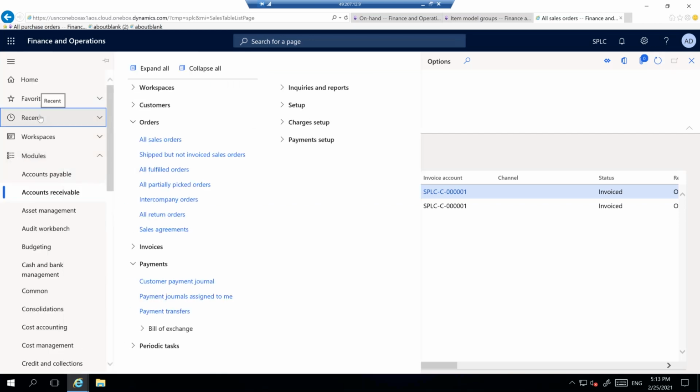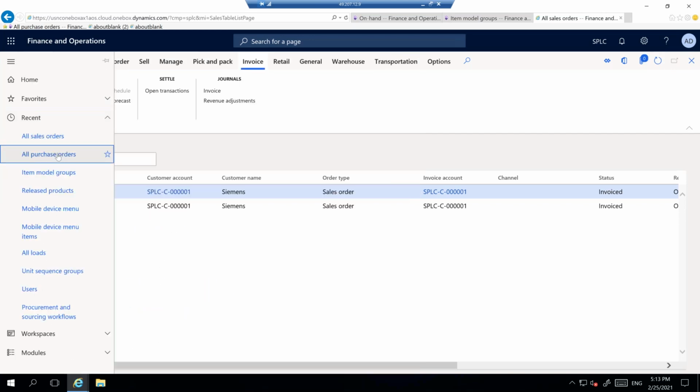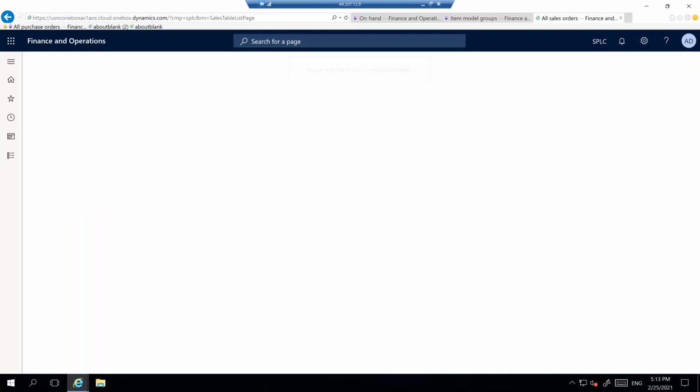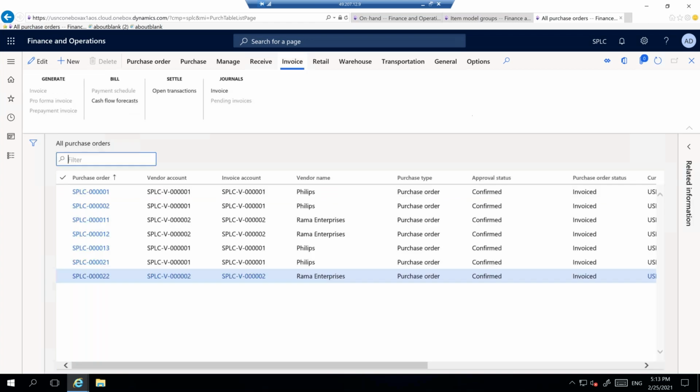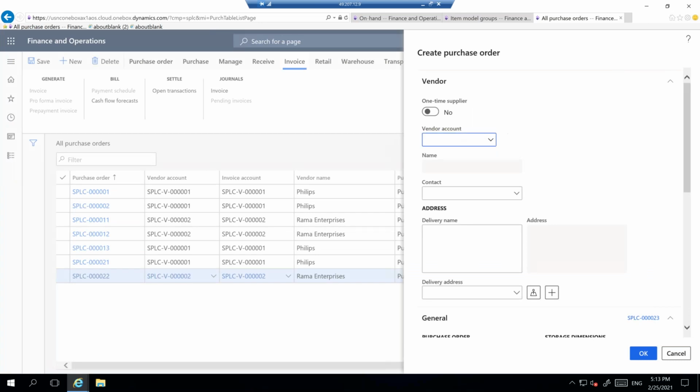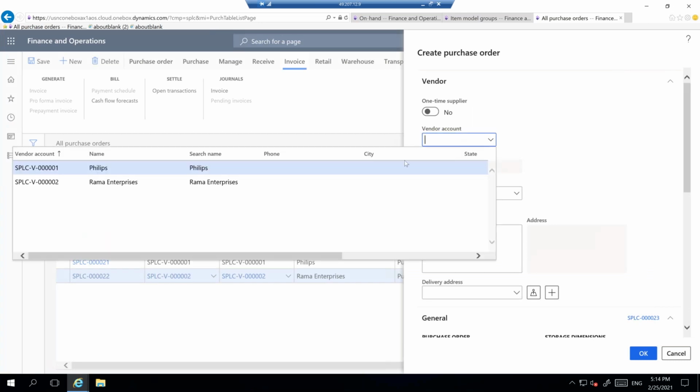If you want to create a purchase order, here we have purchase orders. Click new. Select the vendor. Any vendor is fine.